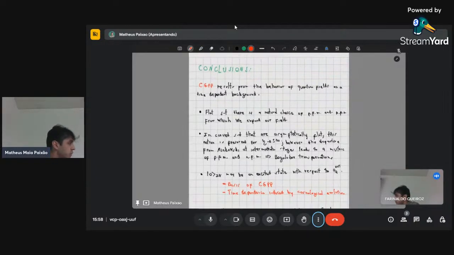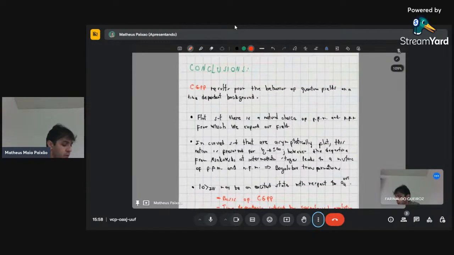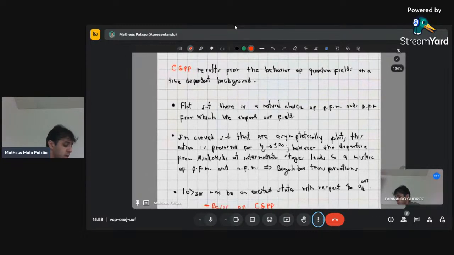So just to finish, the cosmological particle production results from the behavior of quantum fields in a time-dependent background. In a flat space-time, there is a natural choice of positive frequency modes and negative frequency modes from which we can expand our field.